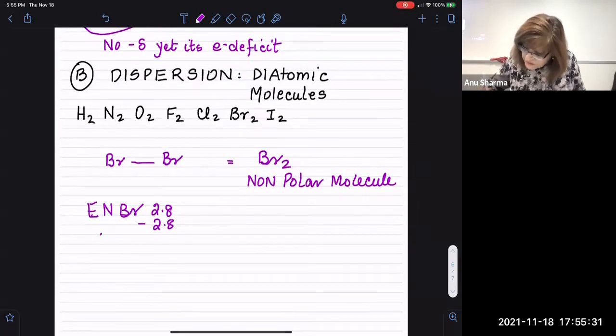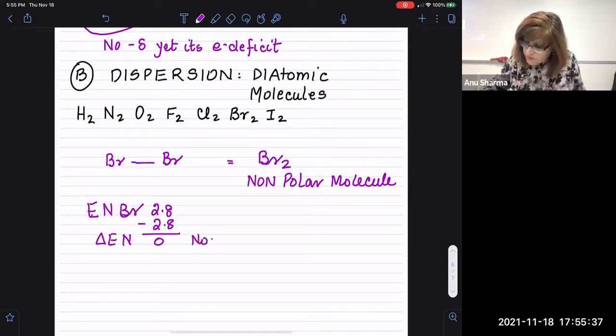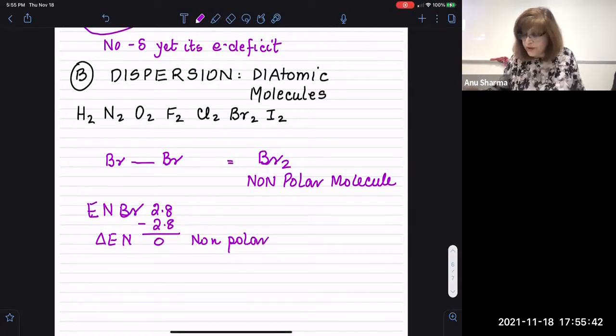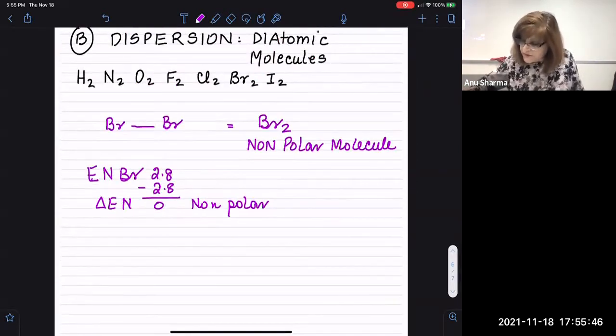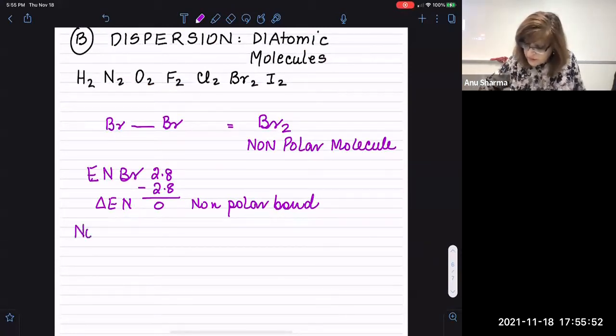Remember, when the difference in electronegativity is equal to 0, it is a non-polar bond. So overall, the molecule is also non-polar. Non-polar means equal sharing of electrons.